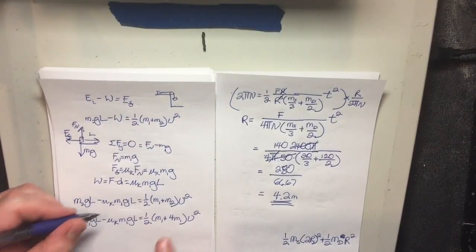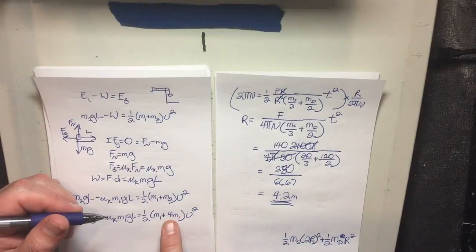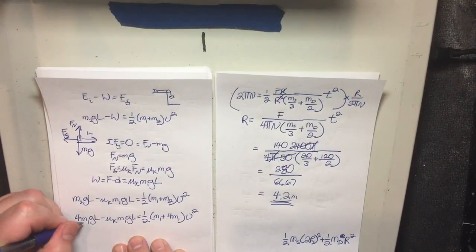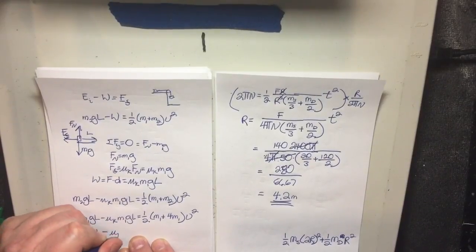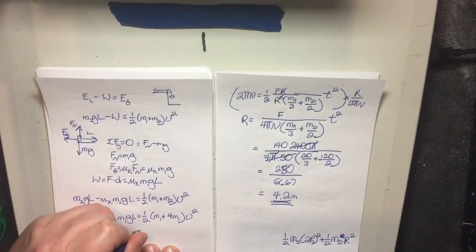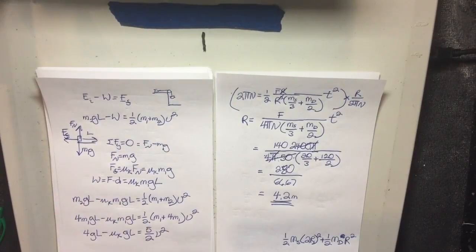This gives you 5M1, or 5/2 M1, and there's an M1 in every term. So this becomes 4GL minus mu sub k GL equals 5/2 V squared.